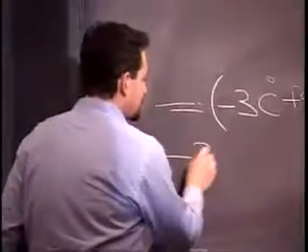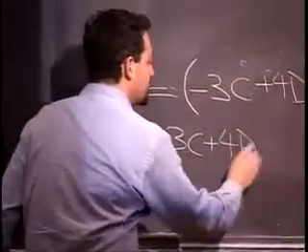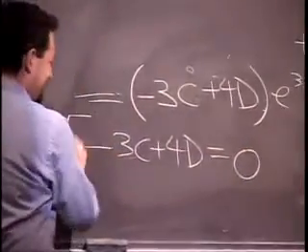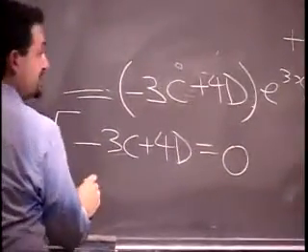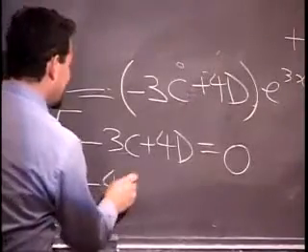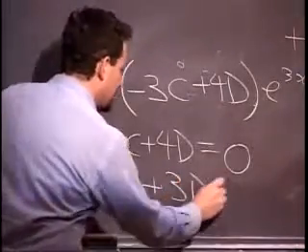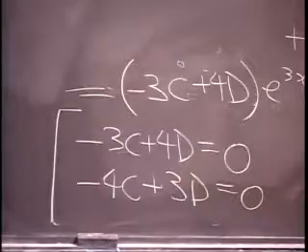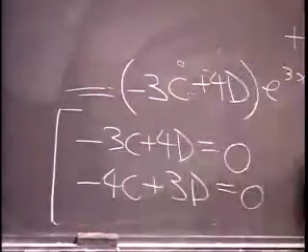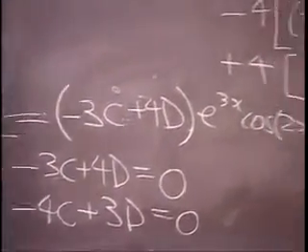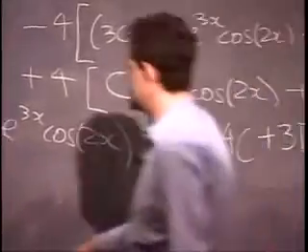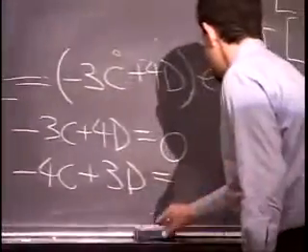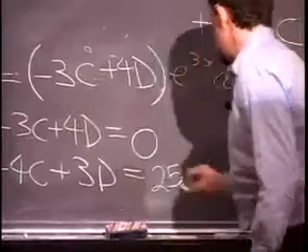So for this to work, we need minus 3c plus 4d equals 0, and we need minus 4c plus 3d equals 25. And you can solve these things simultaneously. Right, so let's just review this.